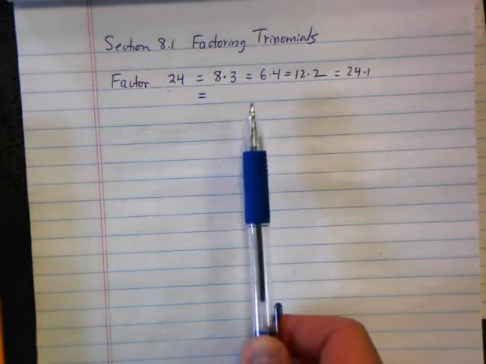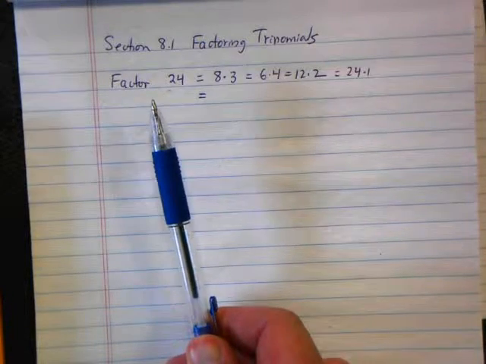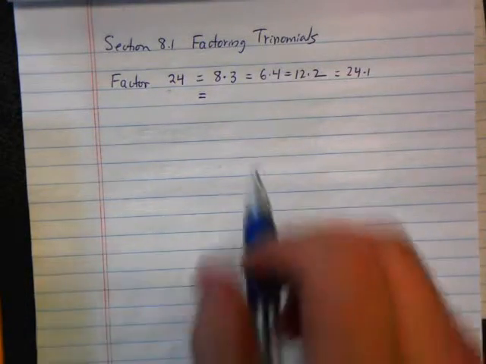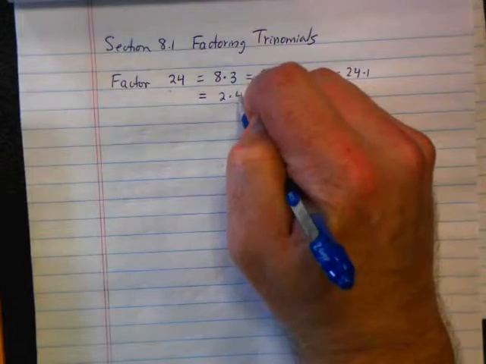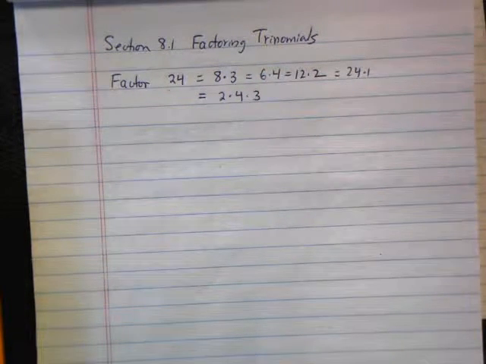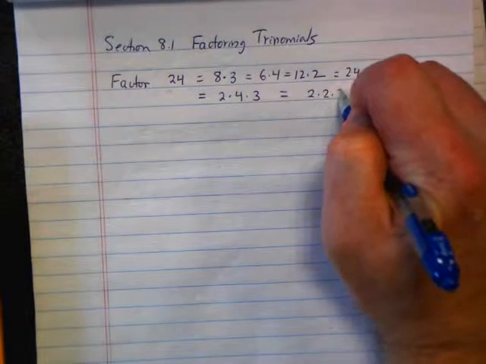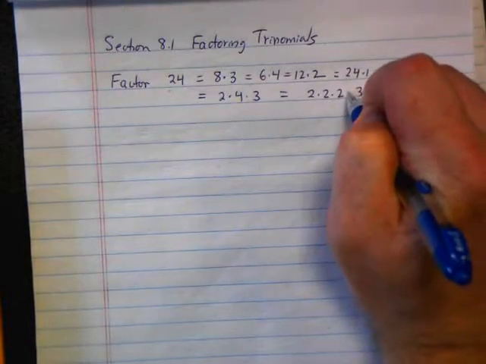By the same token, I could go 48 times a half. We don't usually use fractions either. What I was thinking was, how about 2 times 4 times 3? Is that 24? Yeah. The most important answer is 2 times 2 times 2 times 3.